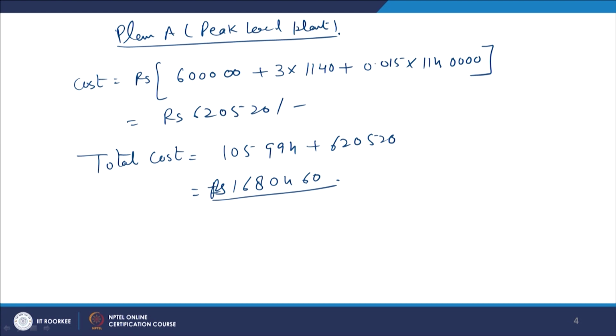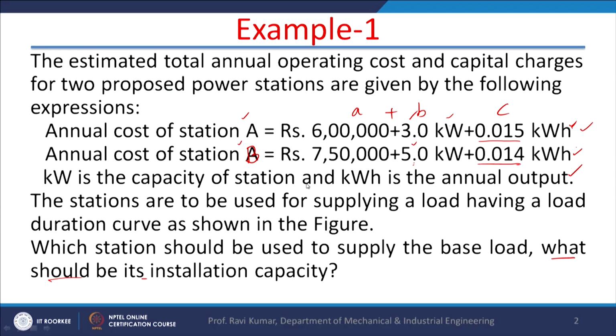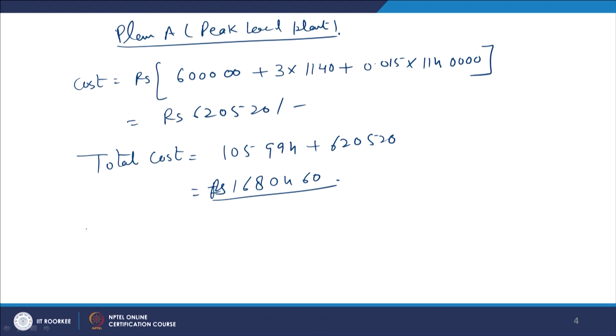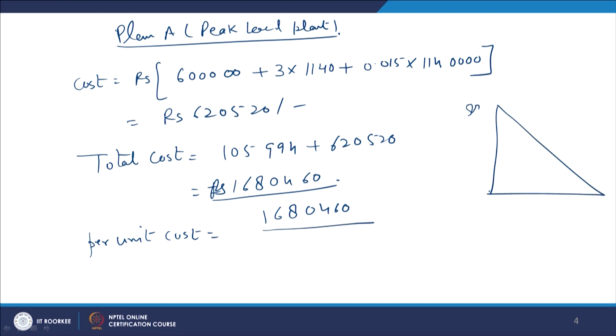So, for the per unit cost, again we will have to divide this by this area, right. So, the per unit cost is equal to the total cost divided by the area of this triangle, which is half into 5,000 into 8760. This figure 8760 is there because it is the total number of hours in a year, right.